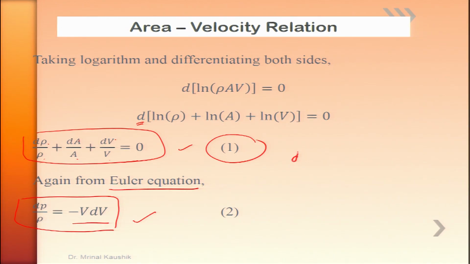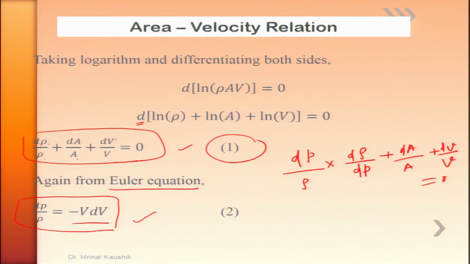In doing so, let us bring down dP and rho. However, since we have inserted dP, then d rho by dP is in the denominator as well, and further dA by A plus dV by V equal to 0 is automatically present.